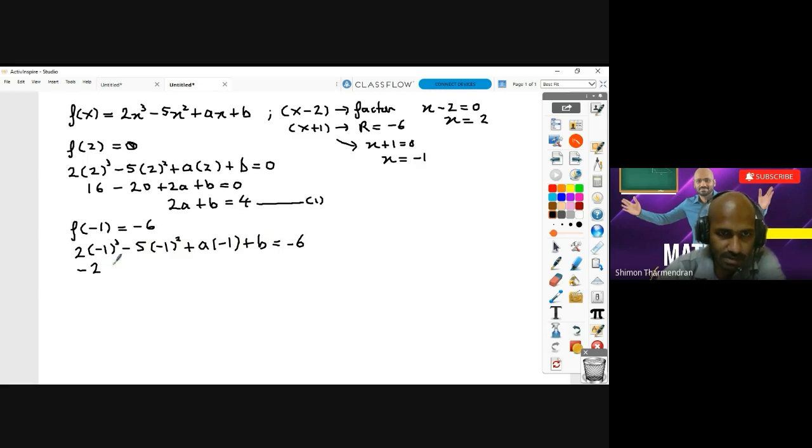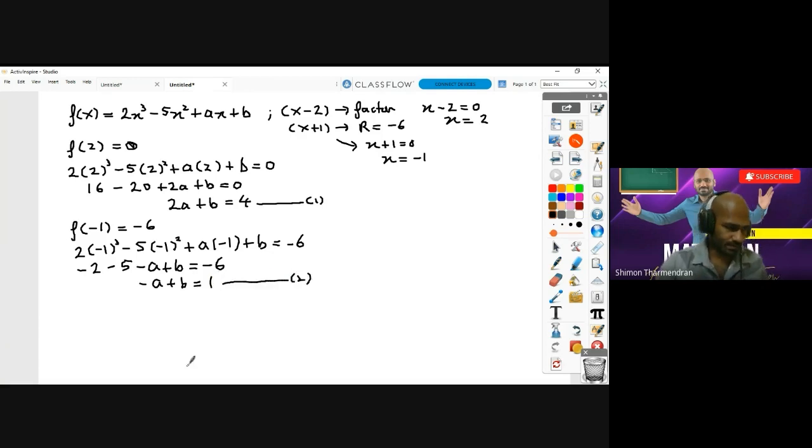Minus 1 squared is plus 1. Plus 1 times minus 5 is minus 5. Minus a plus b equals to minus 6. So leaving the algebraic terms on the left hand side and bringing over the numbers to the right hand side, we have got 7 minus 6 giving me 1. So we call this equation number 2.